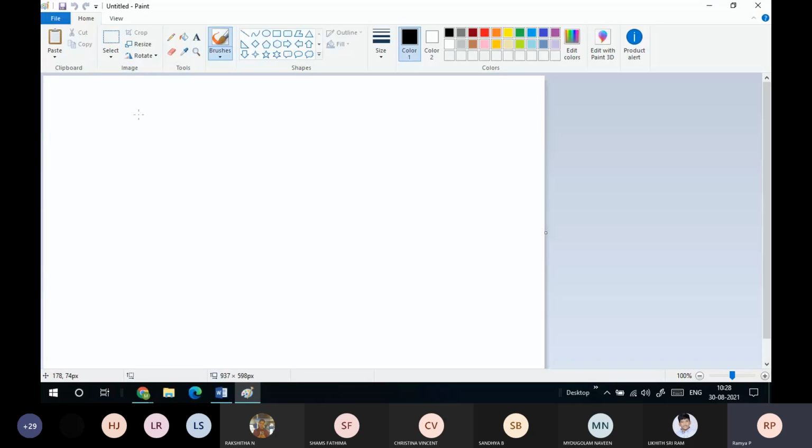You have already learned this in the third module. I have one conductor here, and I have the flux lines, something like this. Initially the flux lines, and I will take a different color here, and the conductor shaft is here itself.